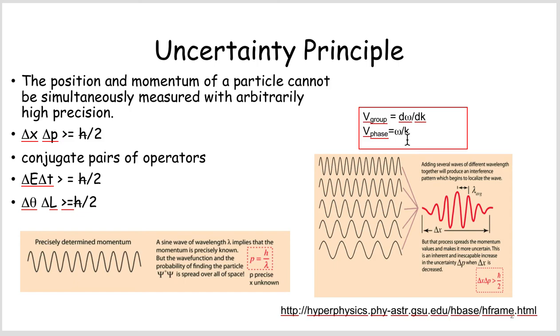And the velocity of a combination or superposition of different waves, or a wave packet, is called group velocity, and it is measured by the differential of omega with respect to the wave number.